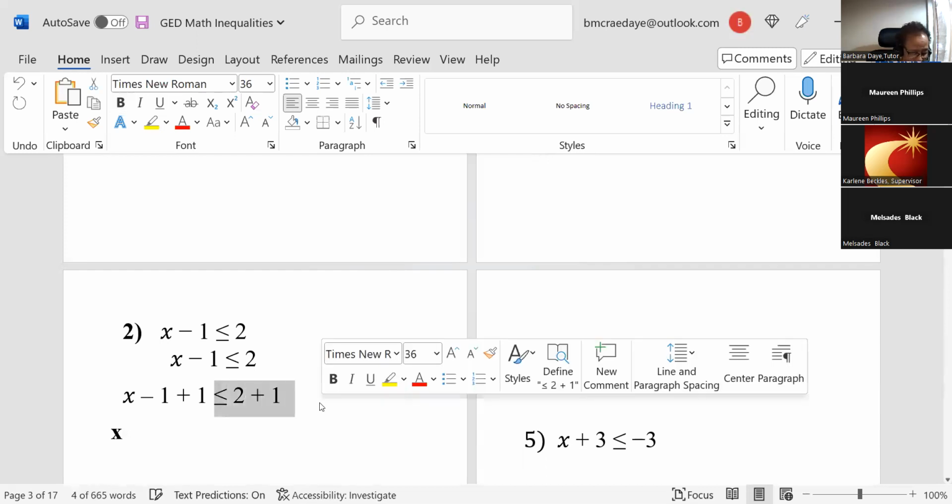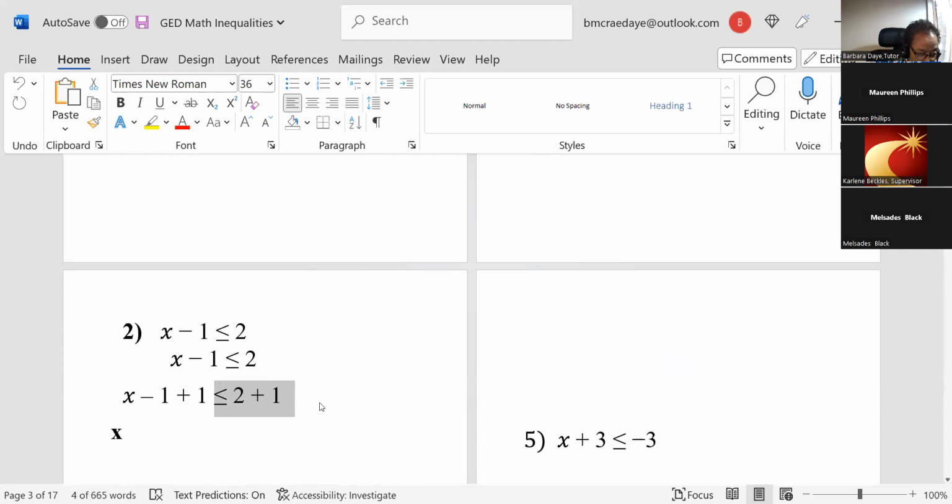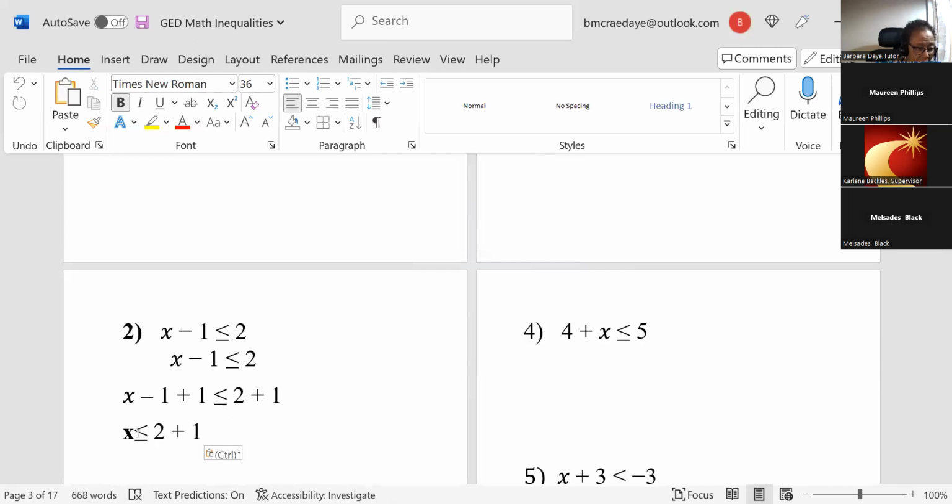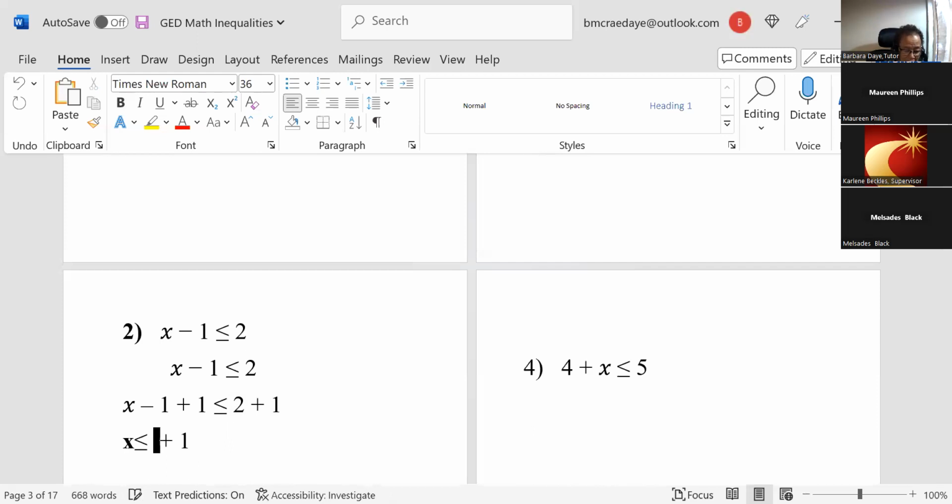Let's copy that. And 2 plus 1 is 3. So let's just put 3. X less than or equal to 3. That's your answer.